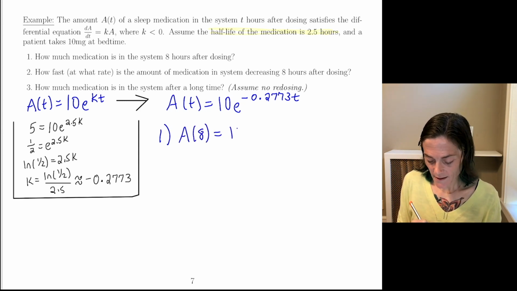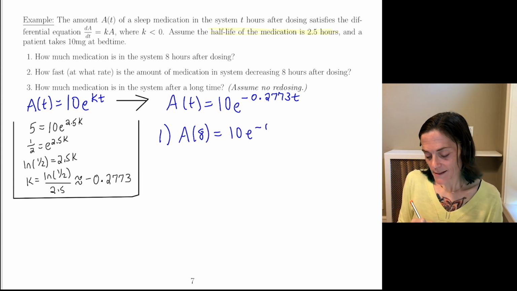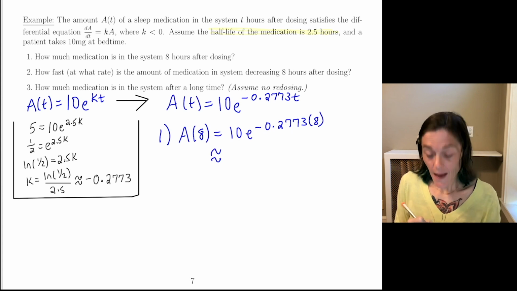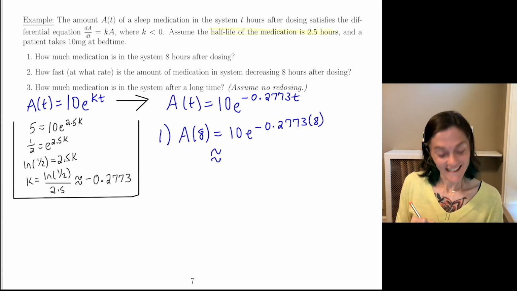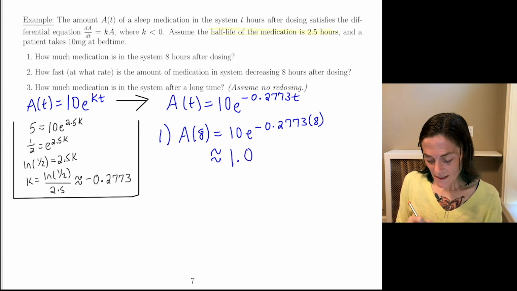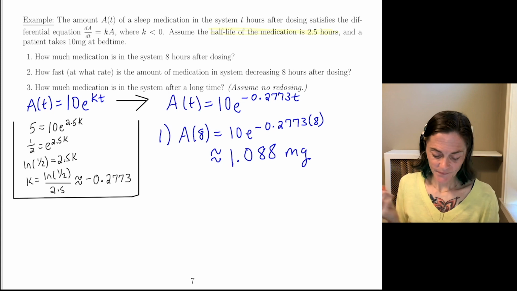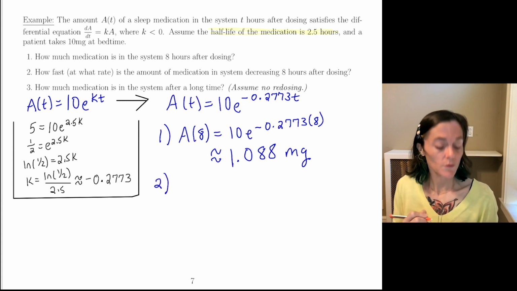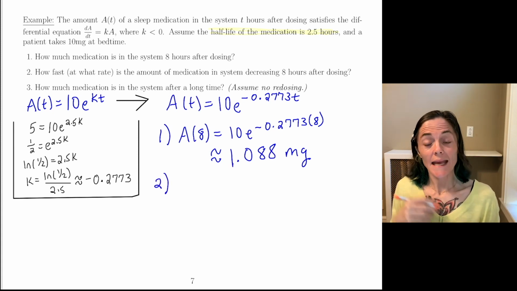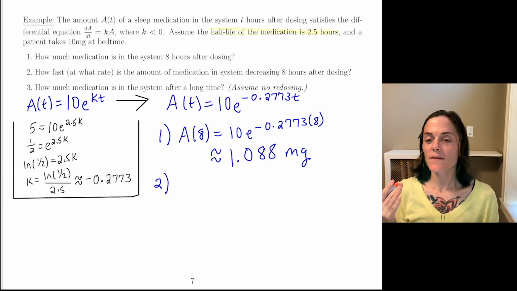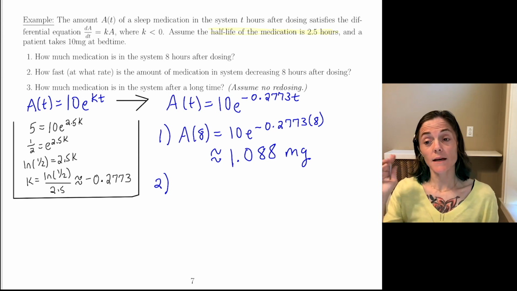So we have 10 e to the minus 0.2773 times 8. And I will round again. 1.088 milligrams.